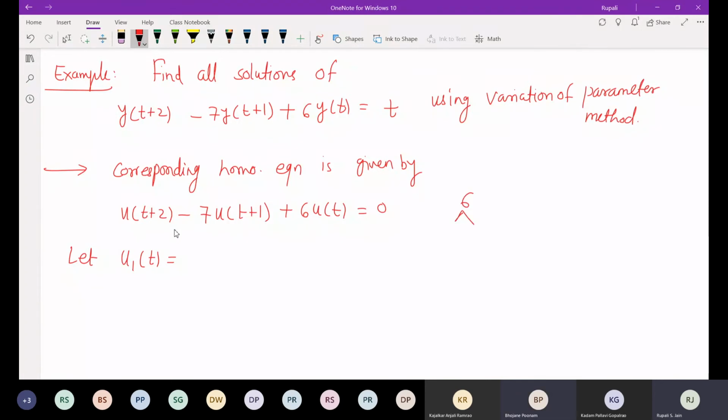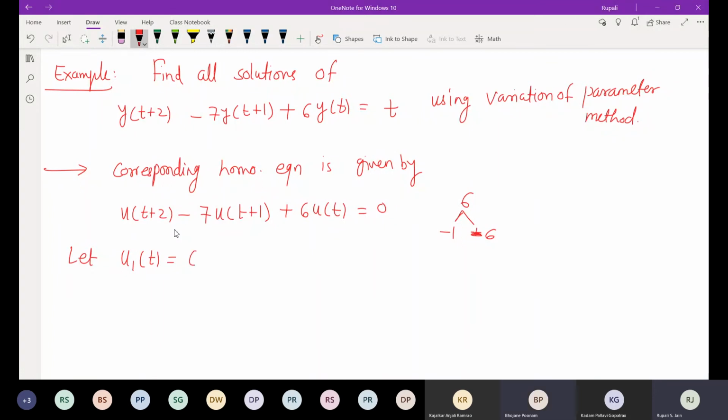We have to write the characteristic equation, with roots 1 and 6. These are the eigenvalues. So 1 raised to t and 6 raised to t.